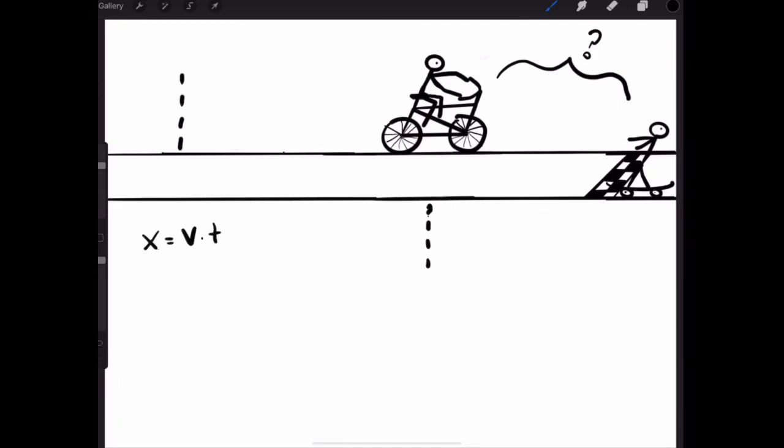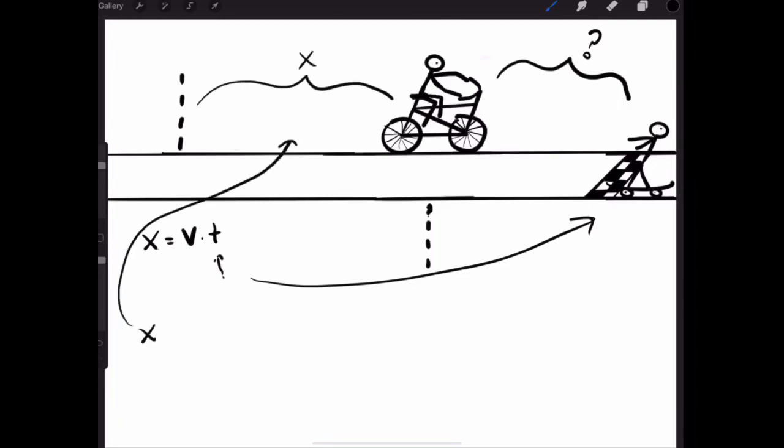Okay, so first we need to find how far the bike traveled in the amount of time that the skateboard took to finish. So t is the amount of time the skateboard took to finish, and we're going to use that for the biker. So velocity of the biker is 16 pi n r, and the time it took for the skater to finish is d over 10 pi n r.